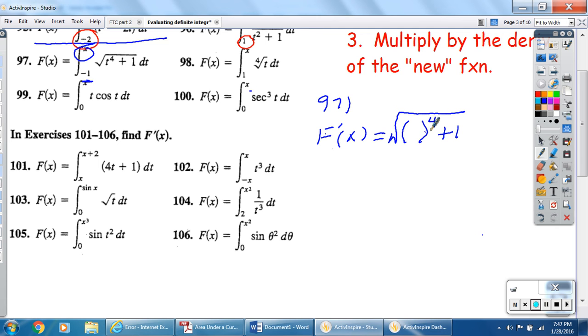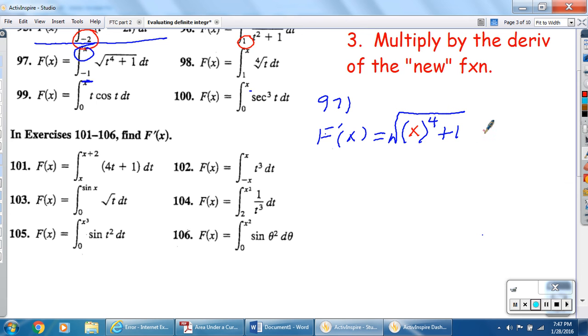Step number 2, put in the new function, which is x, and step number 3, multiply by the derivative of the new function, and the derivative of x is 1, so the derivative is just the square root of x to the 4th plus 1, and we don't have to find the second derivative here.